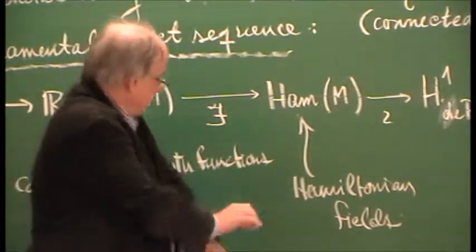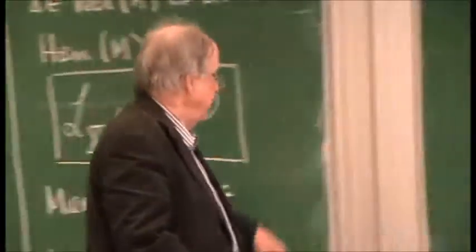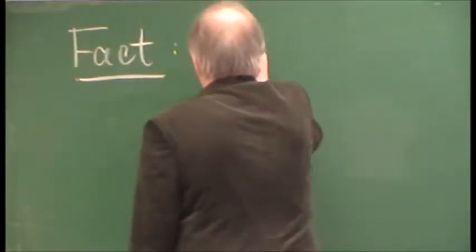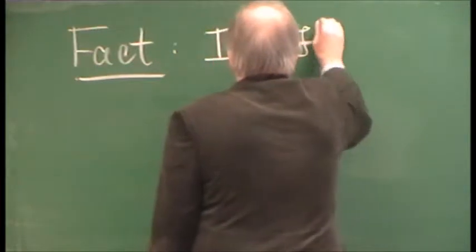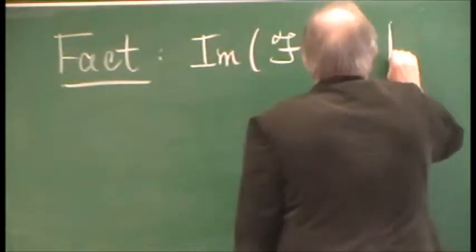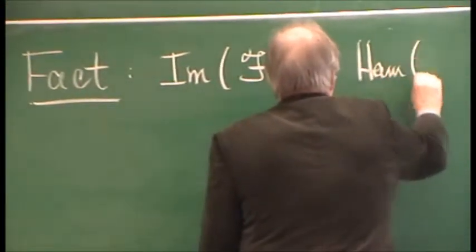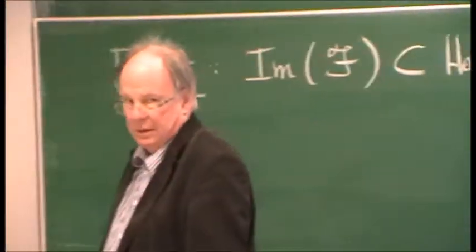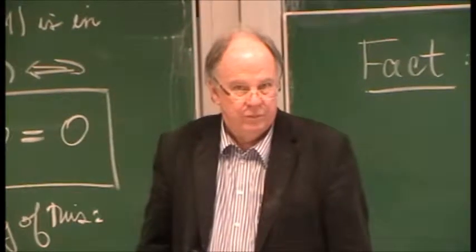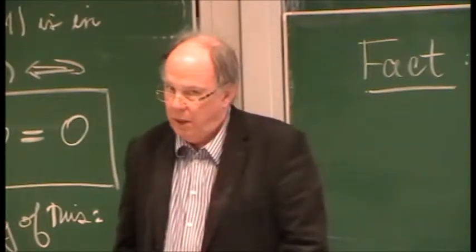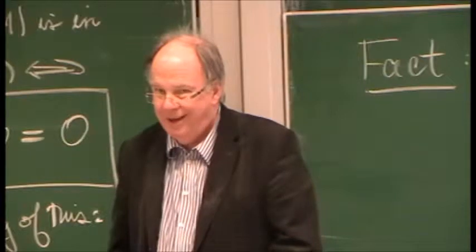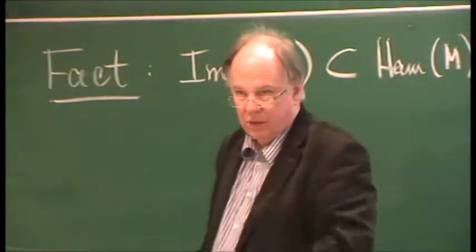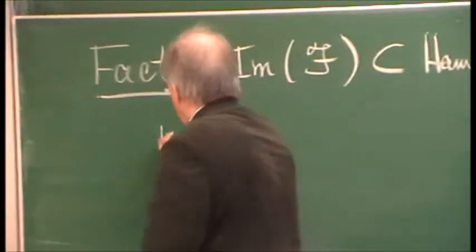The form is invariant by the local flow, and the fact is the image of the field mapping is contained in the Hamiltonian fields. It comes just from the things you said in the beginning. Not quite, I don't think quite. Maybe, but not quite. Let me check. So let me just write a little proof here.